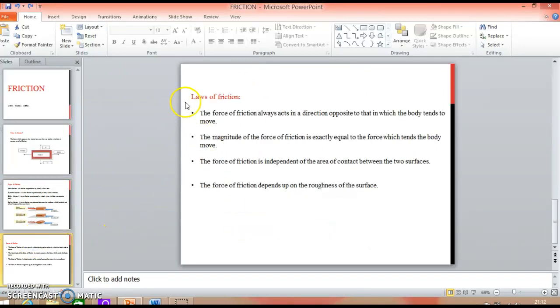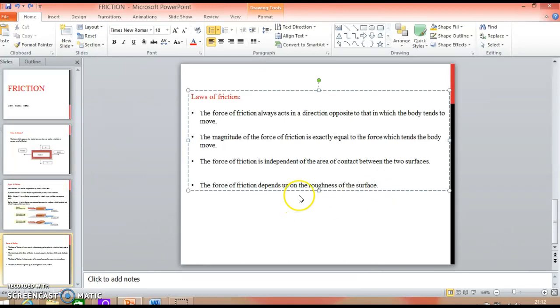So what are the laws of friction? I already told you friction always acts in a direction opposite to the body motion, and the magnitude of friction is always equal to the force between the two bodies which tends to move the bodies, and the friction is independent of the area of contact between the two bodies, and it depends upon the roughness of the surface.